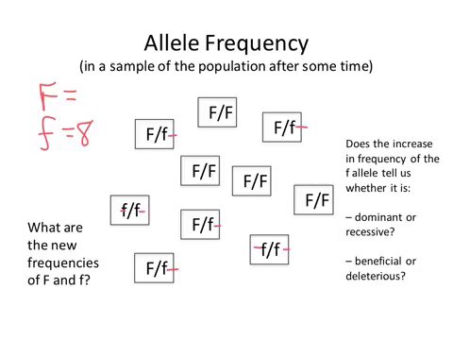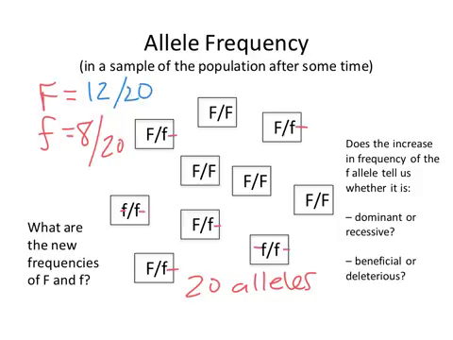So that's 10 times 2, or 20 total alleles. So the frequency of little f is 8 over 20. Then you can just do subtraction. The frequency of big F then must be 12 out of 20. So the frequency of little f has increased since we first saw this new mutation arise.